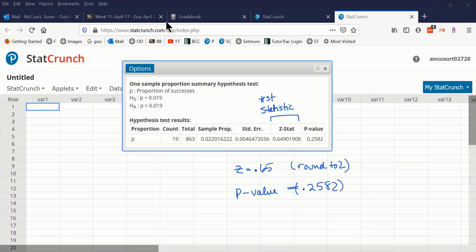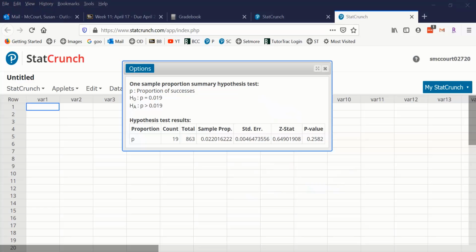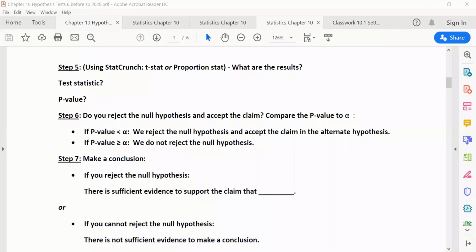So going back to the worksheet, we write in our test statistic.